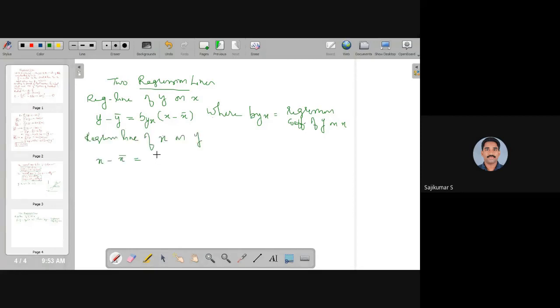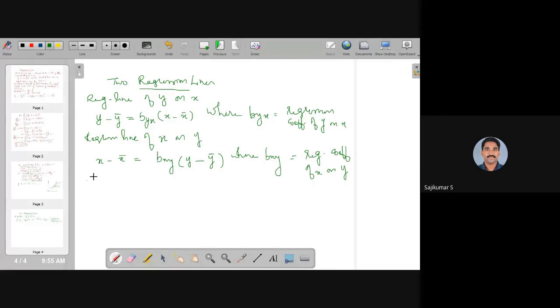X minus x bar is equal to bxy into y minus y bar. And bxy is called the regression coefficient of x on y. So these are the two notations, byx and bxy. So it's correlation coefficient.